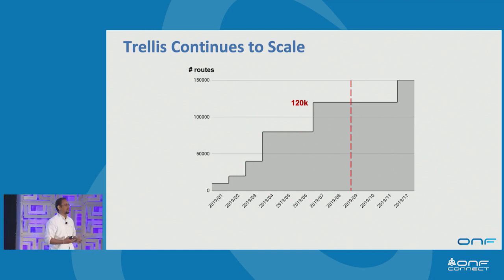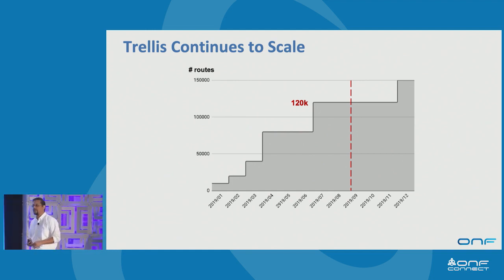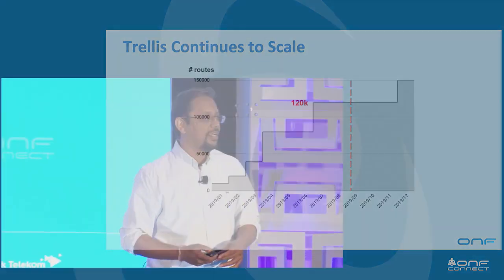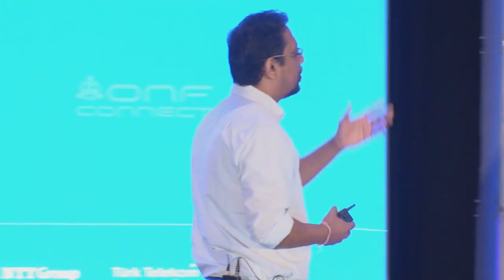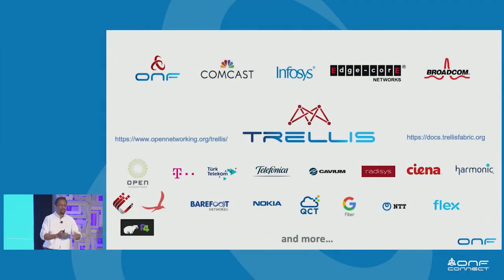So this tremendous hard work that Ilad was talking about between all our partners has contributed to Trellis growing tremendously. We still have some ways to go. We really want to reach the 150,000 route scale, but we're getting there. And there's an immense amount of work going on between us and our partners, 2 of whom you will hear from next.